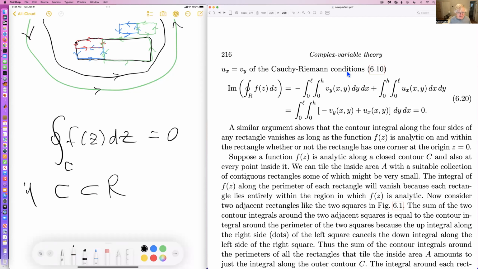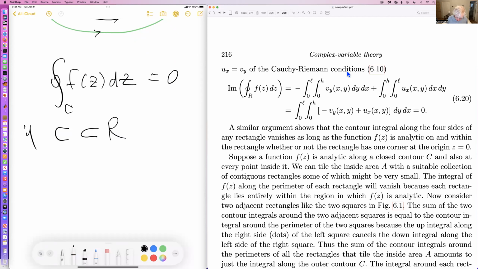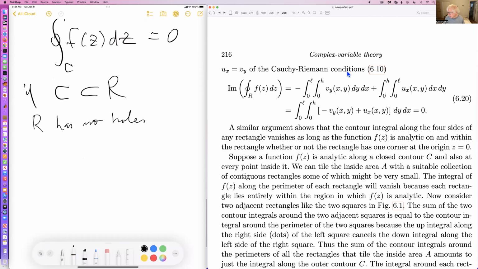And by inside, I mean it's totally inside, and moreover that R has no holes. In other words, it's a simply connected region of analyticity. Again, it looks like American cheese, not Swiss cheese. So the region has to be something like this.